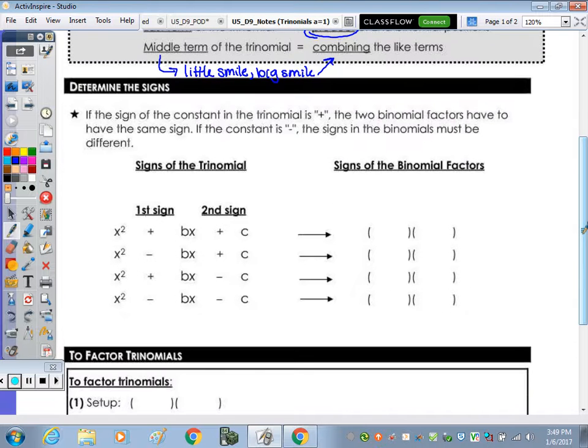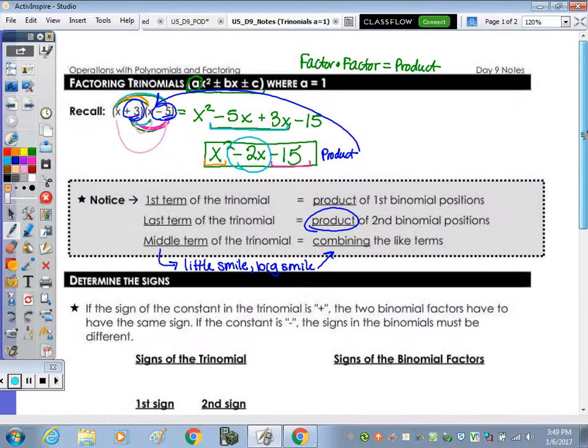If the sign of the constant in the trinomial is positive, the two binomial factors have the same sign. If the constant is negative, the signs in the binomials must be different. Okay? So going back to this question, the binomials here had opposite signs in the constants, or the numbers.